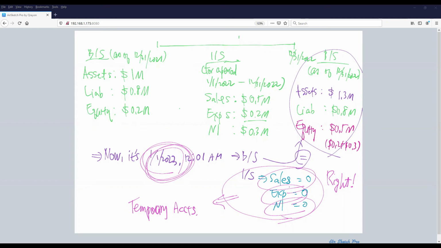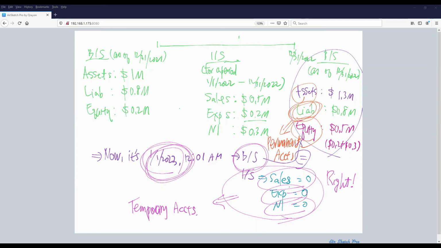Oh, cool. We begin from the zero basis every year. Can you do the same thing for balance sheet items? Like, can we zero out our liability every year? Cool, right? No, you cannot. These balance sheet items, assets, liability, and equity, are permanent accounts. You cannot zero out each year.